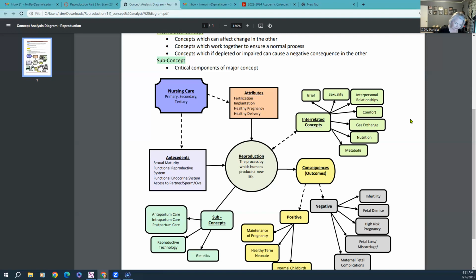If the ovum is fertilized, it secretes HCG, right? Isn't that the hormone that we check for a positive pregnancy test? So it secretes the HCG if it is fertilized, and that causes the corpus luteum to stay in place and the lining of the uterus not to shed.